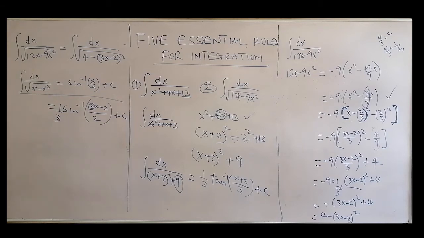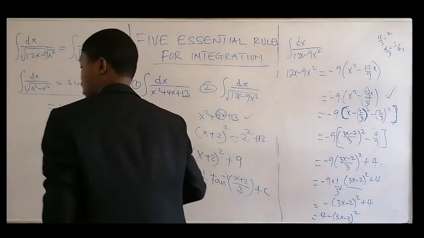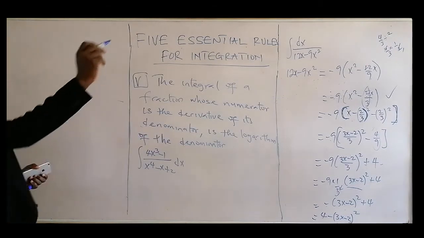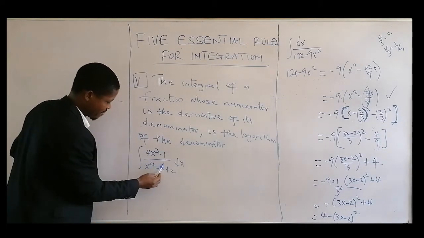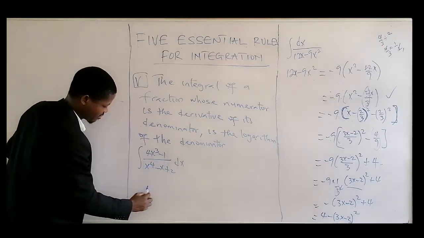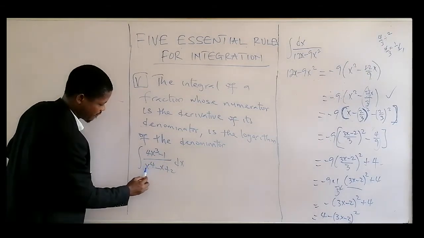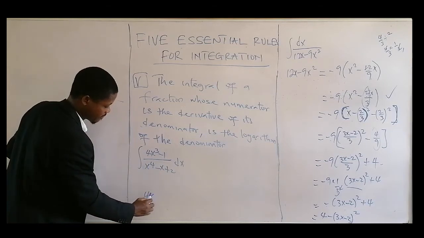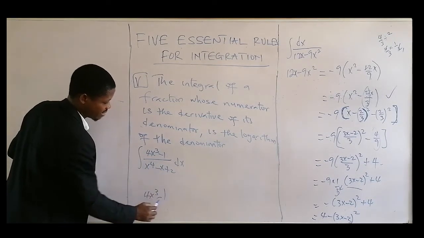Then the next one is to go to rule 5 now. The fifth law will be in the next video. The fifth law says that if you check the derivative of this, the derivative of x to the power 4 is 4x cubed, minus 1.